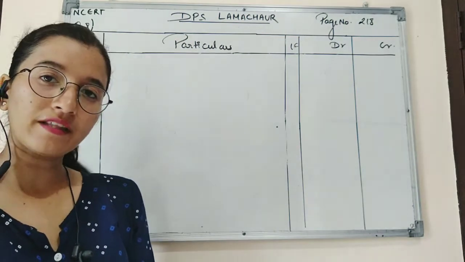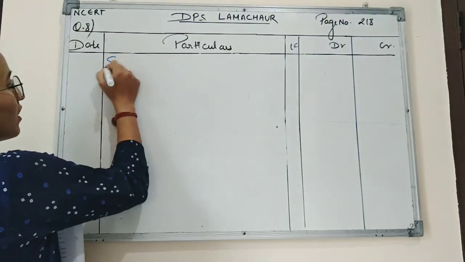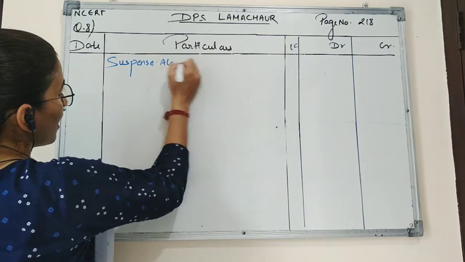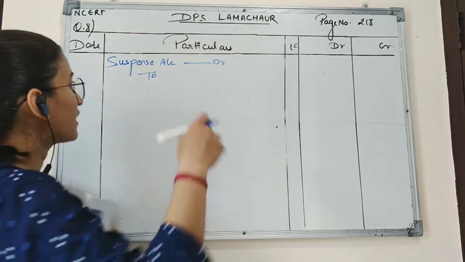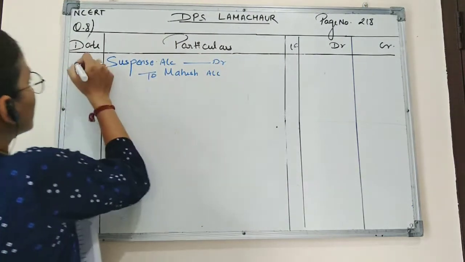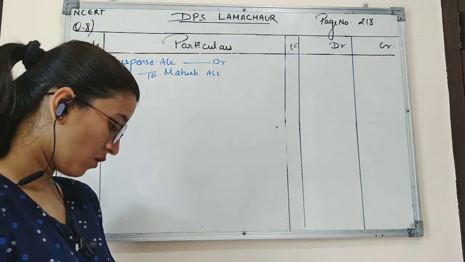Now the fourth transaction is goods returned from Mahesh rupees 1,000 were not posted. So now to rectify this error, we'll post this entry as suspense account debit to Mahesh account, and the amount is rupees 1,000.